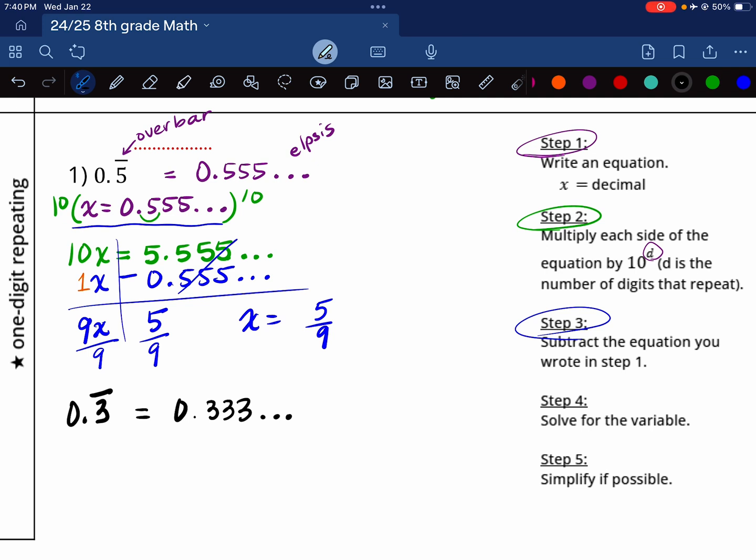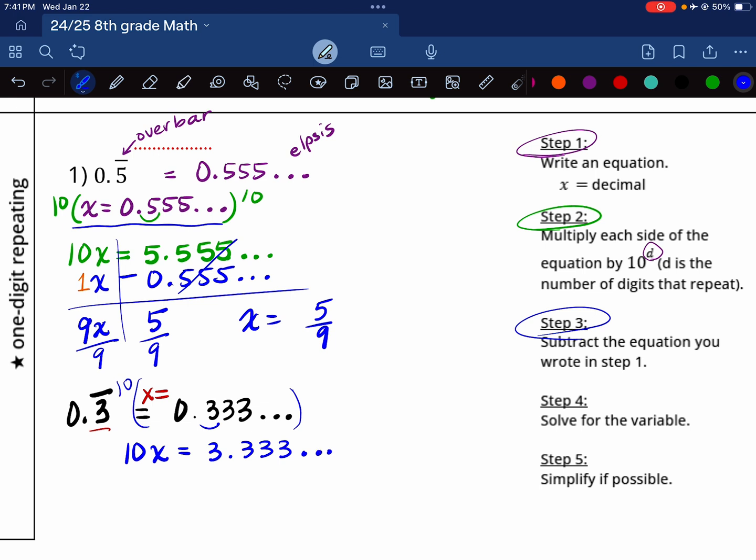Okay, so you have paused the video, and remember we're going to set this first one to x equals. It's only one place, so we're going to multiply everything by 10. So we have 10x equals, we move that decimal over, 3.333.